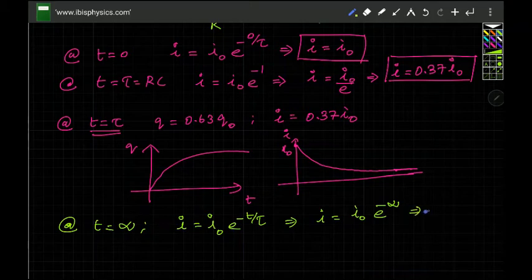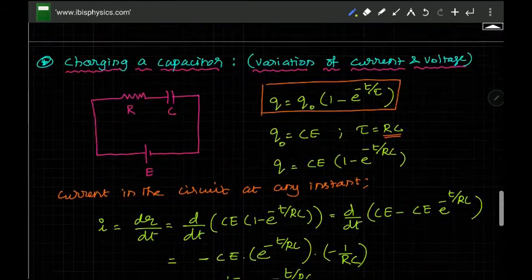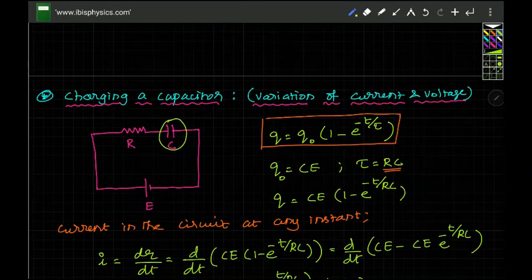So at t equal to infinity, I is equal to 0. That means after a while it becomes 0. When the time is infinity, the capacitor is fully charged, and there is no current in the circuit. The capacitor behaves like an open circuit. There is no current and no potential drop even across the resistance.